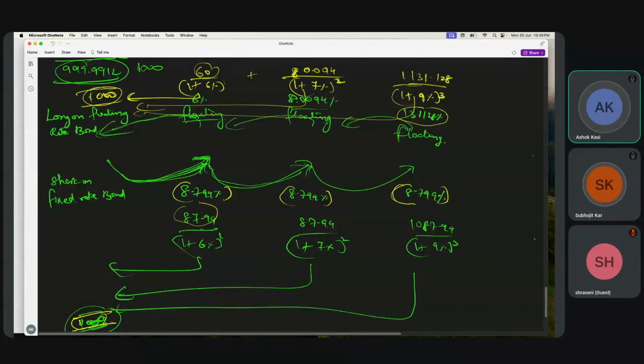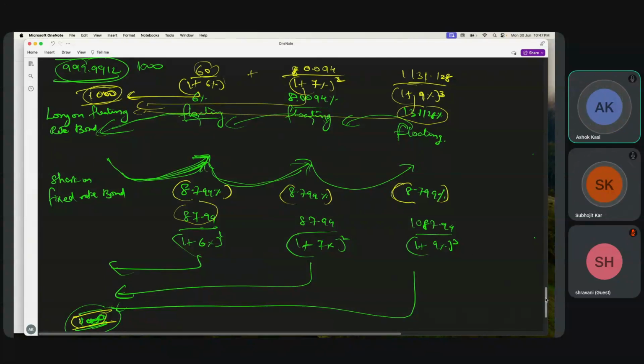So when they are initially entering into the contract, nobody is at gain or loss. If we add and subtract these percentages, we'll get 0: 6% plus 7% plus 13.11, and then minus 8.7. It will come to 0.